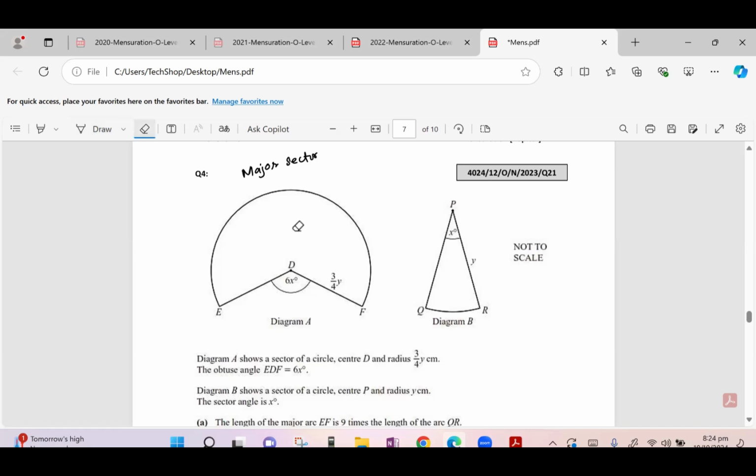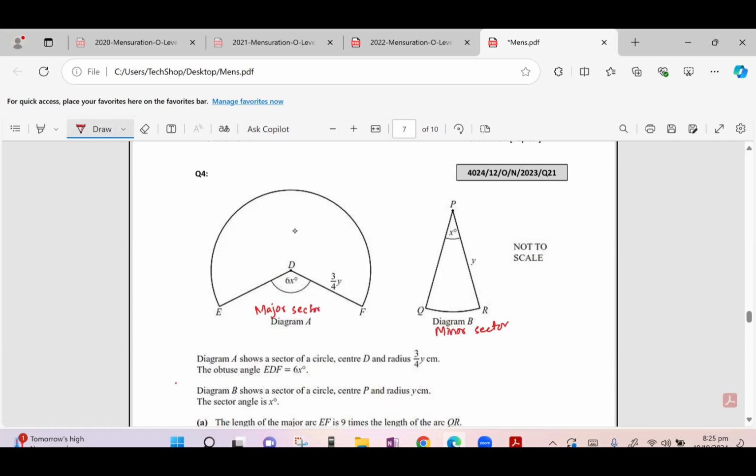So I'm going to write here, for your understanding, the name of this diagram is major sector, and diagram B is minor sector. Very important thing, you have to recognize the geometrical names of these shapes. Second important thing, you have to write 3 over 4 y as 3y upon 4, and this is the radius of the sector.